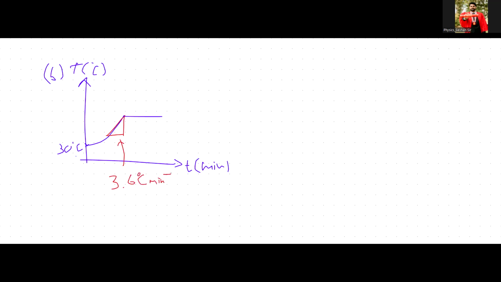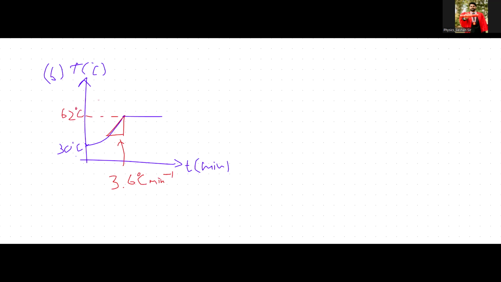Okay, then what did they say? The constant temperature obtained by the wax is 62. So that means it should definitely be at this point. So this one is 62 Celsius.